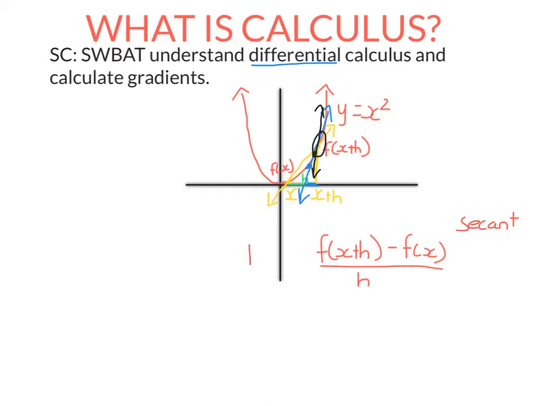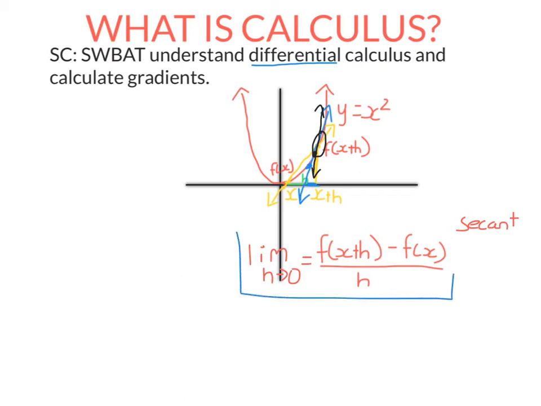And the way I write that mathematically is the limit as h approaches 0. So the best way to calculate the gradient of y equals x squared is I make the 2 points that I choose for the secant so close together that their distance is basically 0.